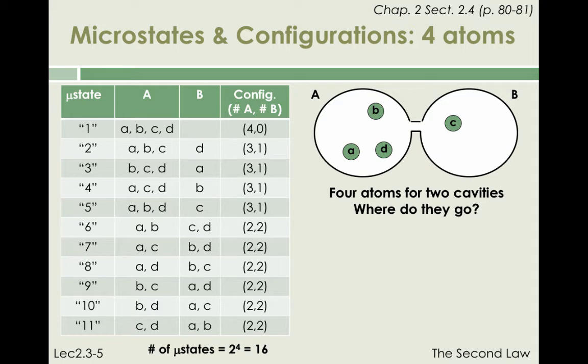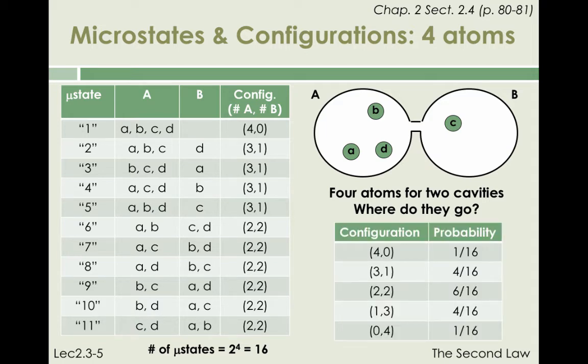These microstates can be grouped in 5 different configurations: 4,0, 3,1, 2,2, 1,3, and 0,4. For the sake of clarity, only the first 11 microstates were specified on the slide. You can easily write the remaining 5 microstates associated with configuration 1,3 and 0,4.